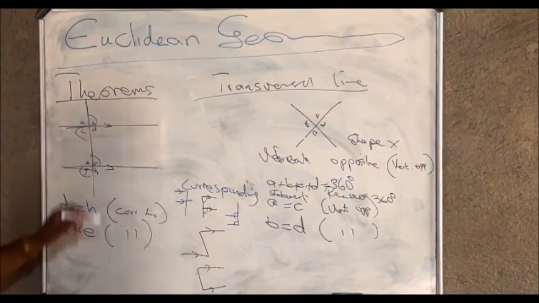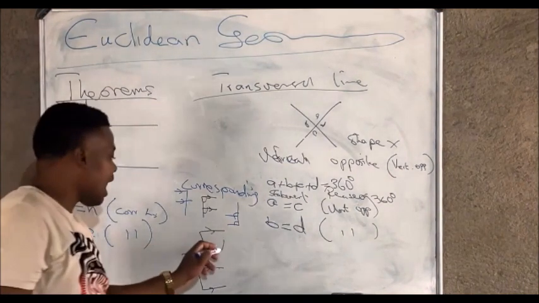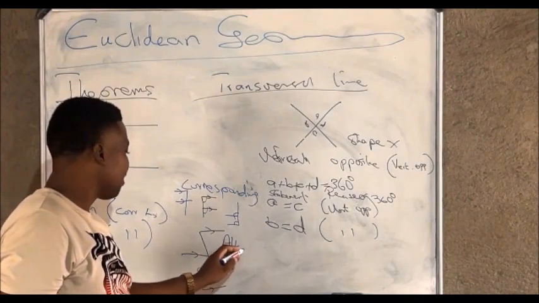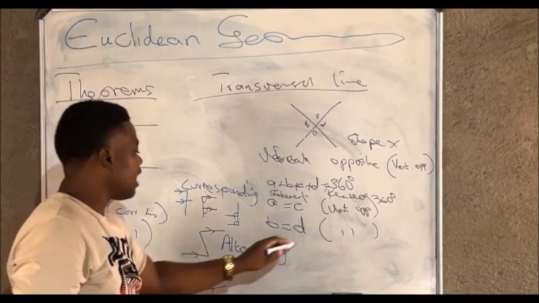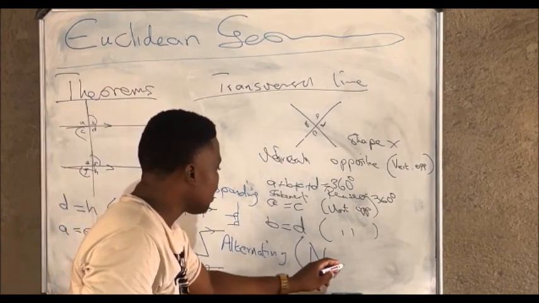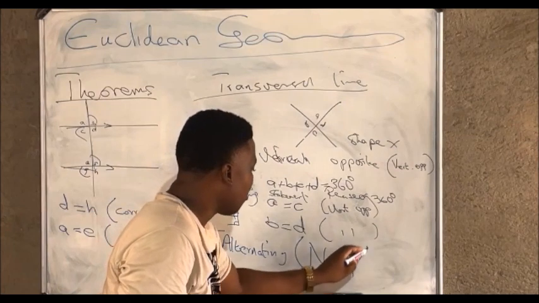Good. Now let's go for Z. Z angles are alternating angles. It can be shape Z or shape N in any form.